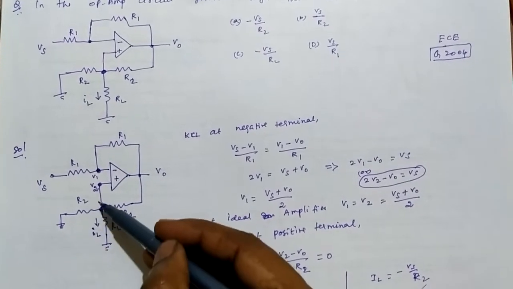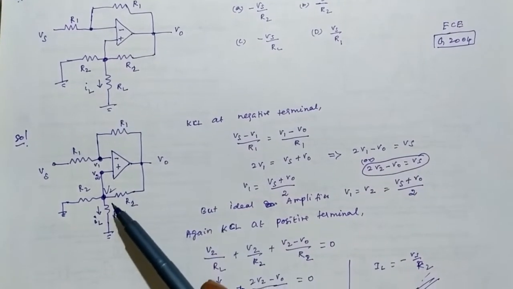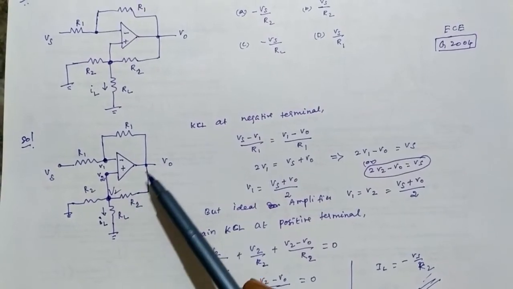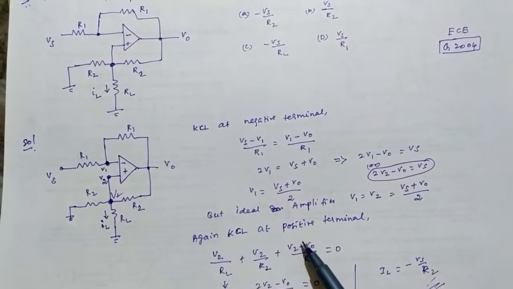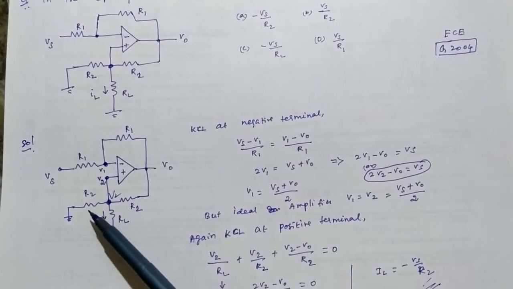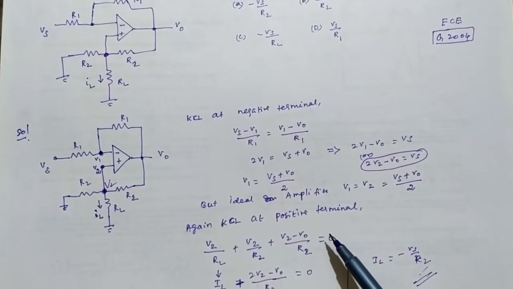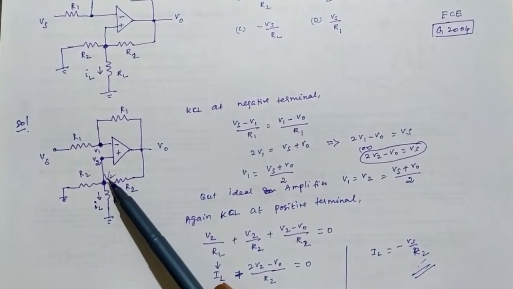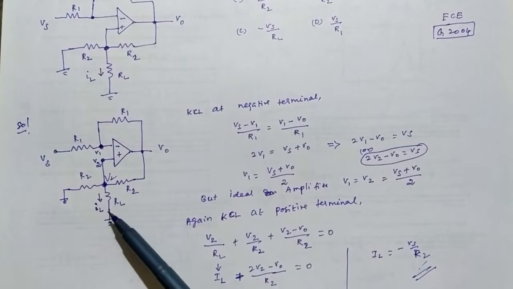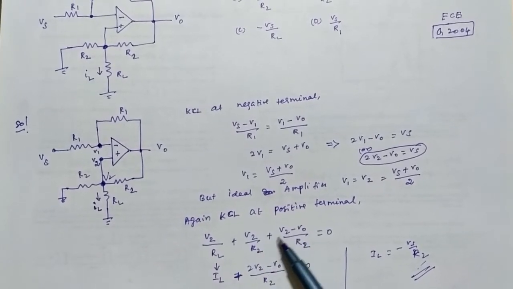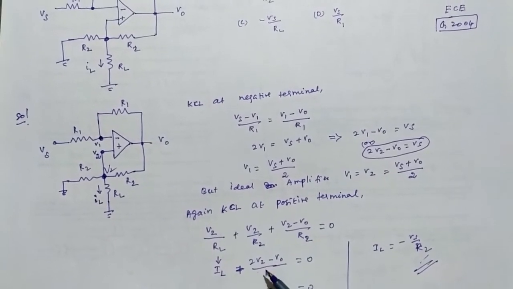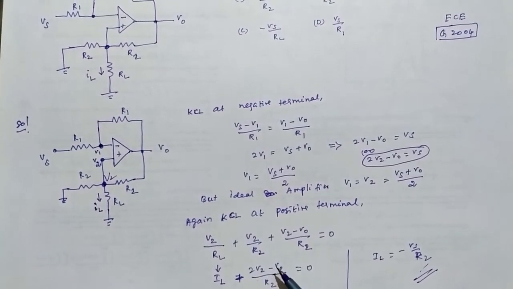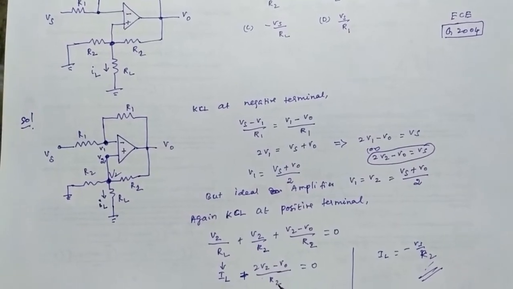So V2 by RL plus (V2 minus V0) divided by R2 plus V2 by R2 is equal to 0. Here V2 by RL is nothing but IL. Combining the other two terms, we get (2V2 minus V0) divided by R2.